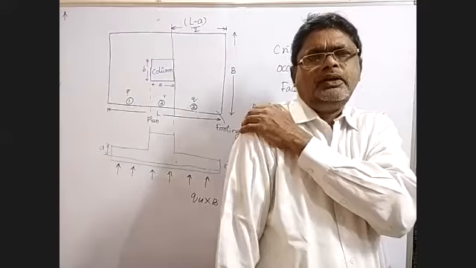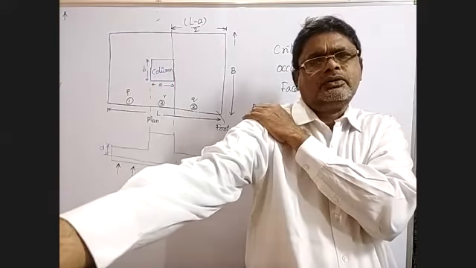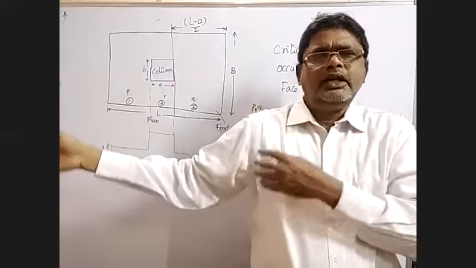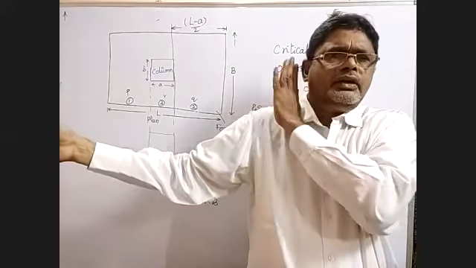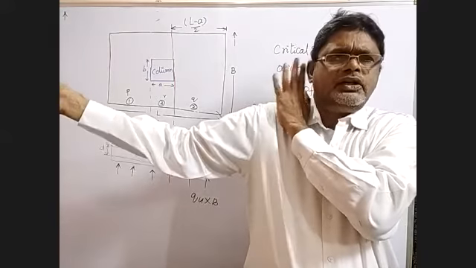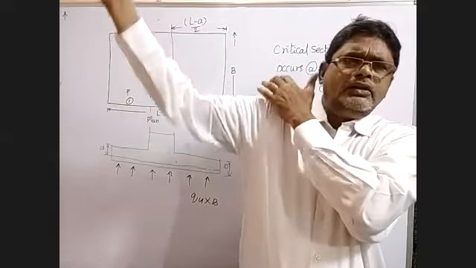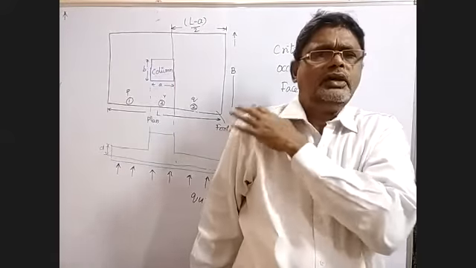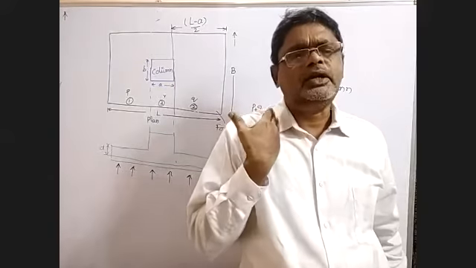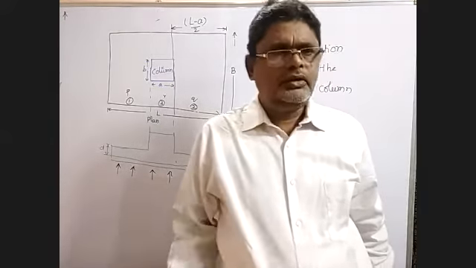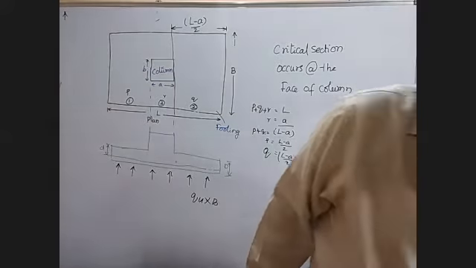If this joint fails, this hand is of no use. Similarly here the critical section occurs at this face, and now you have an upward pressure here, so the failure takes place here. So now you have to calculate the bending moment at this point.